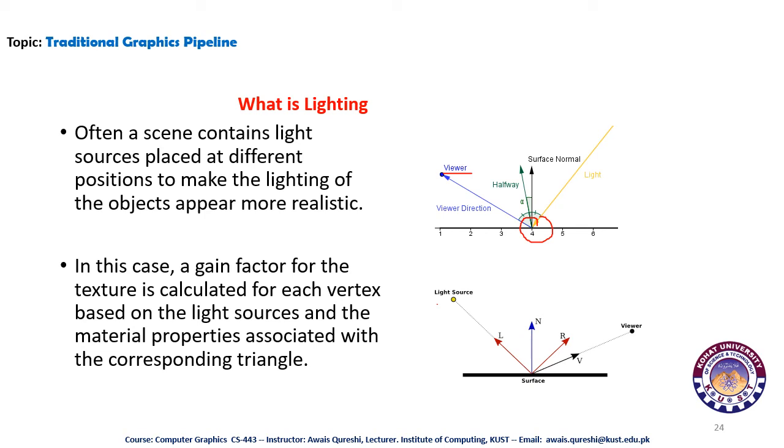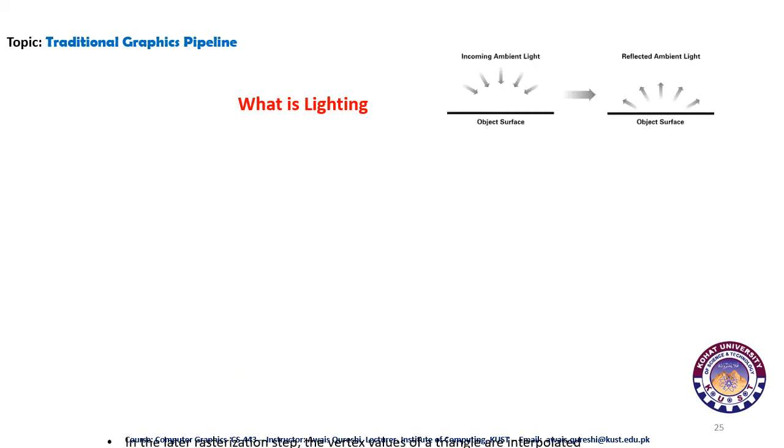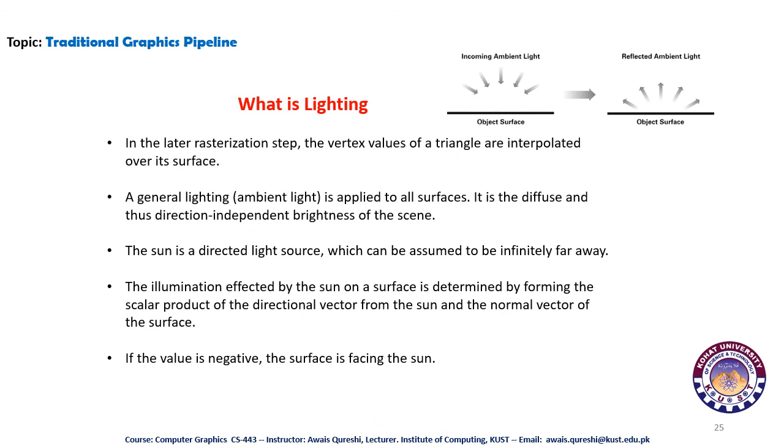In this case, a gain factor for the texture is calculated for each vertex based on the light sources and the material properties associated with the corresponding triangle. So here it makes a triangle shape, that's why the angle is going to be calculated over here. In the later rasterization step, the vertex values of a triangle are interpolated over its surface.